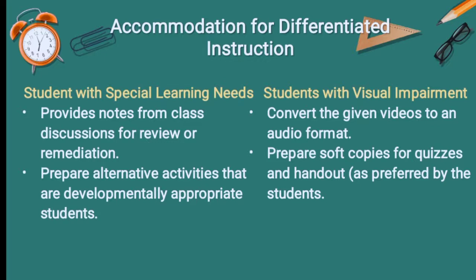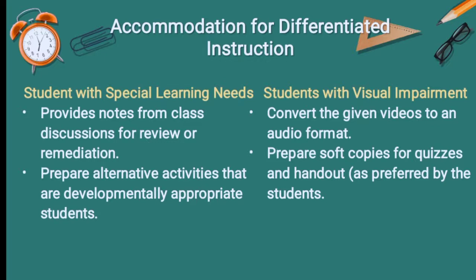And also the teachers can prepare alternative activities that are developmentally appropriate for students. So there are some students who cannot do some activities that the teachers provided. So teachers can provide alternative activities for them to participate in class.